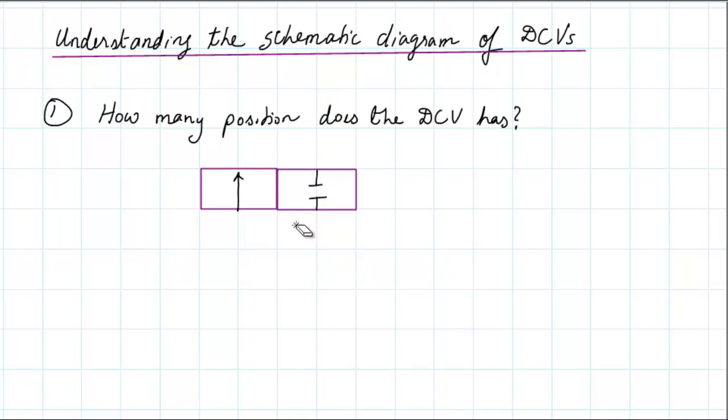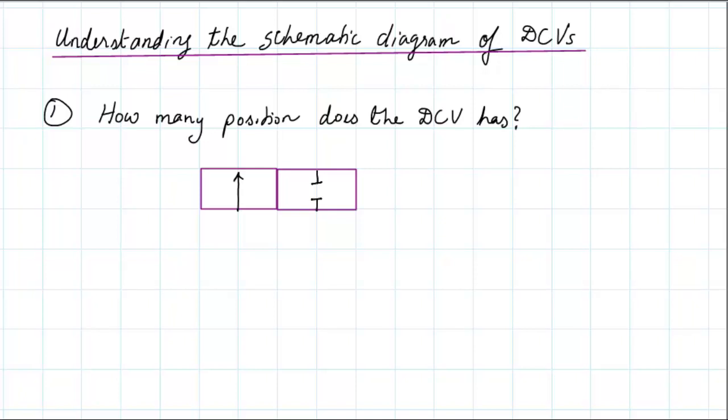Now there may be a totally different kind of DCV in which it may even be flowing back. That will depend on the type of DCV. But anyway, let me draw one of them which I have already drawn, in which one of the positions says that the fluid will not flow and another one says that the fluid will flow. Okay, the arrow shows the flow of the fluid.